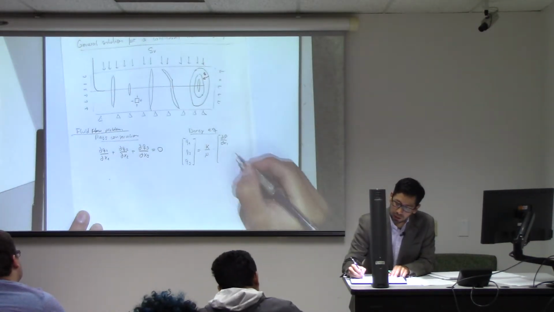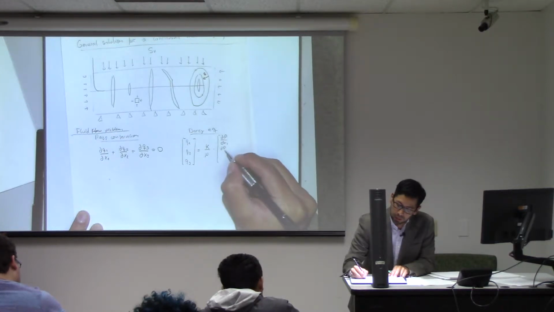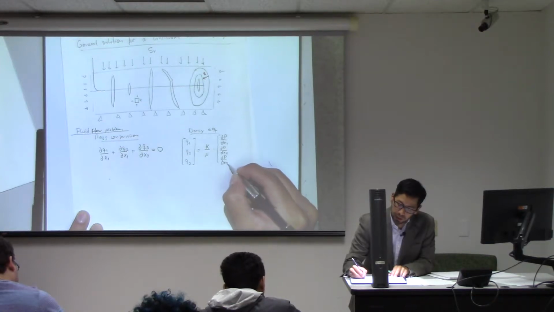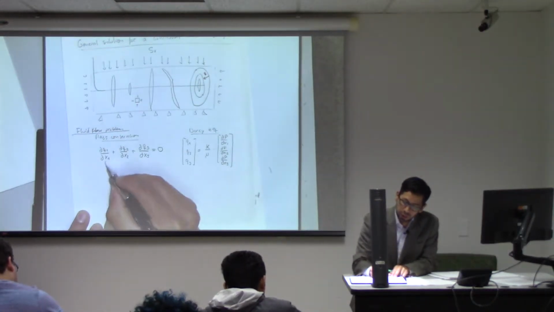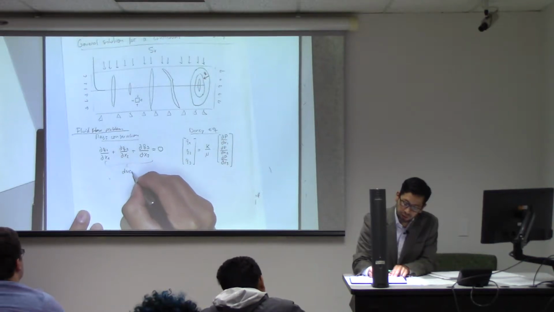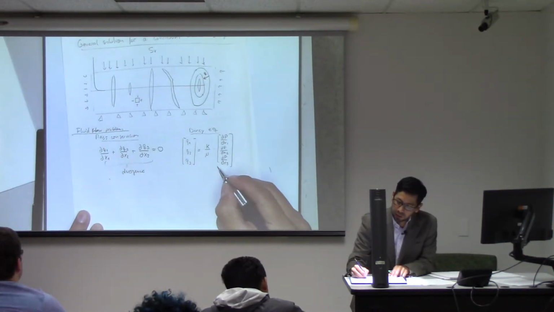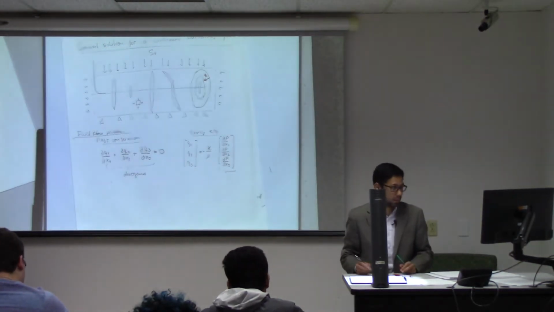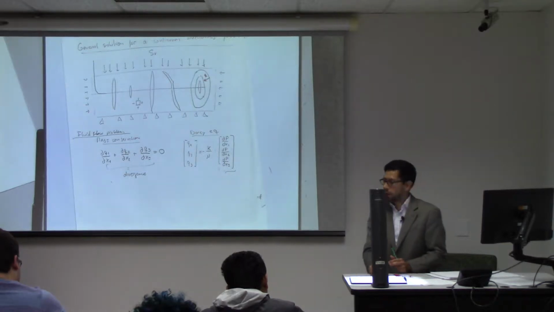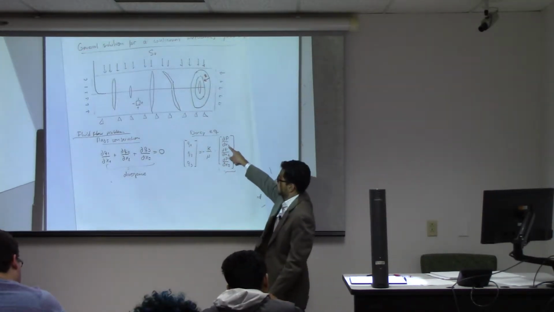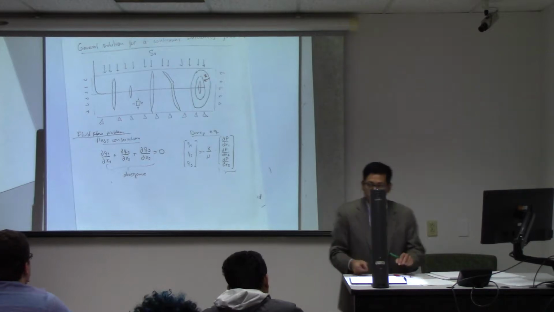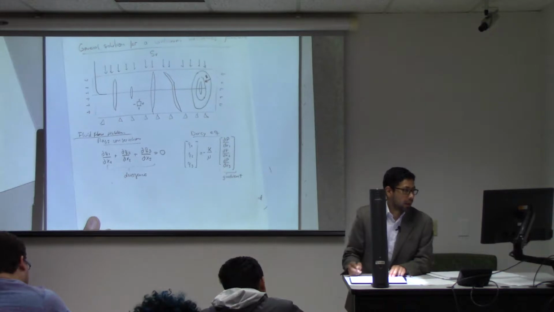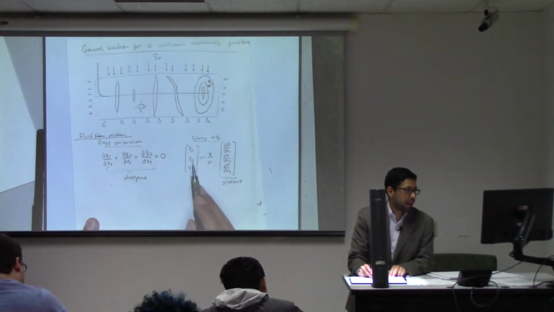So dp divided dx1, dp dx2, dp dx3. So this one is called a divergence. How is this one called? I'm missing a sign here. In mathematical terms, this is what is called a gradient.